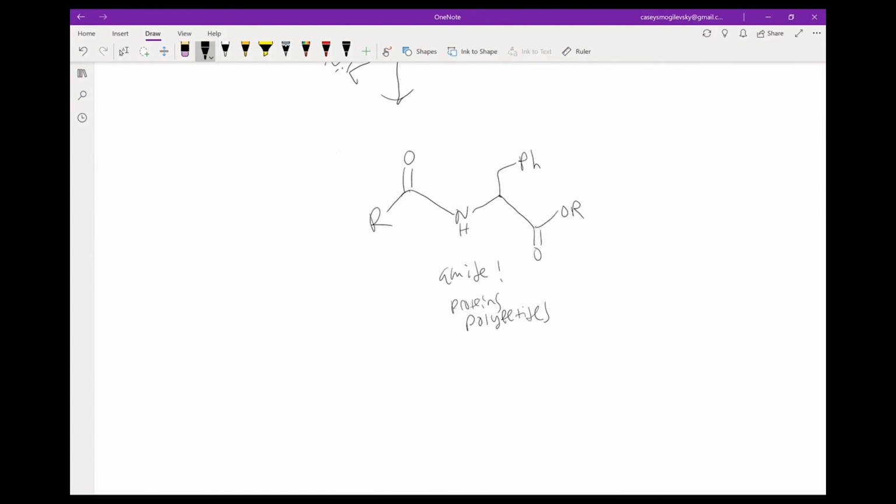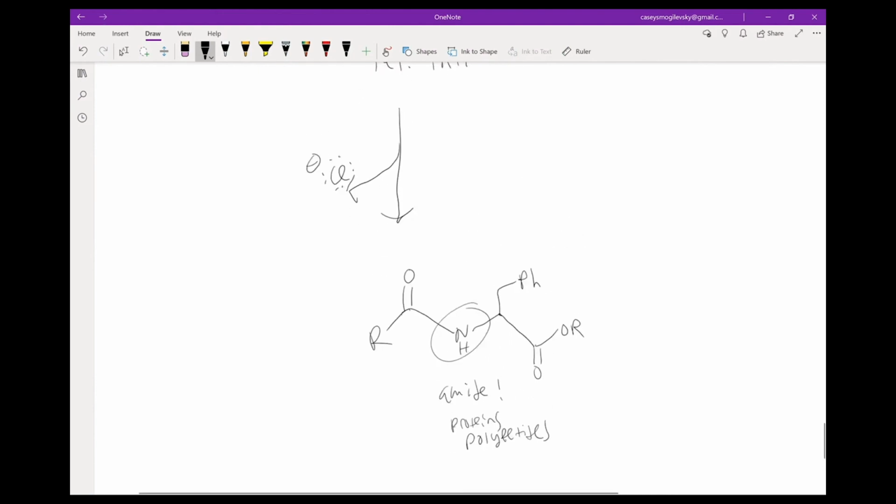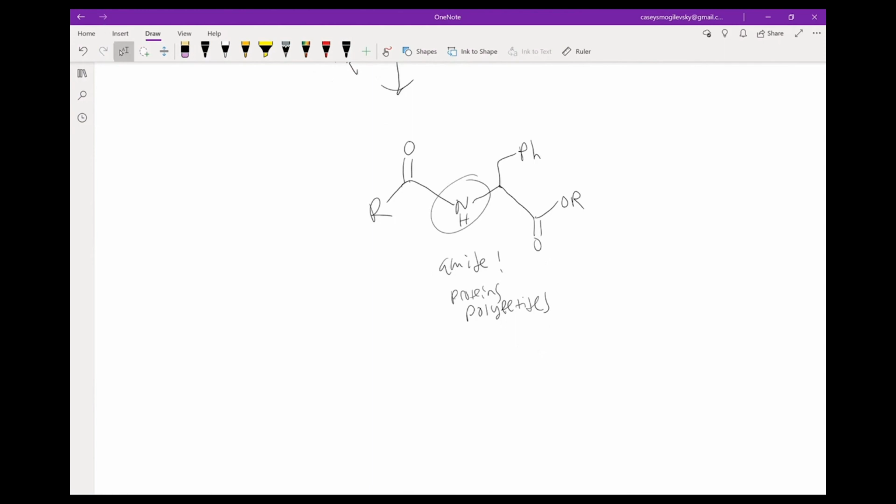In biology and biochemistry, this is actually called a peptide bond, a polypeptide linkage. And being so important for us, as you would imagine, nature has found a way to make this reaction happen in real life, at neutral pH and in water.